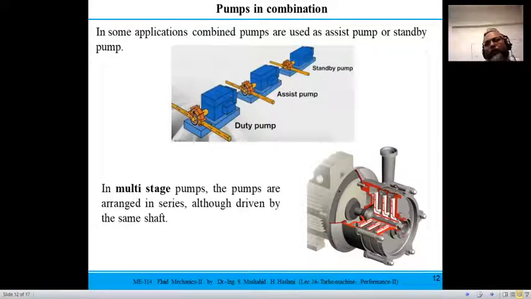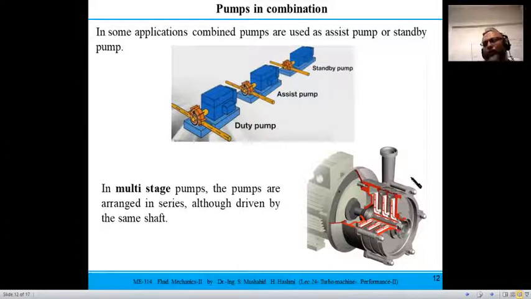Such pumps are called multi-stage pumps. Most of the overhead pumps, you can see, have different stages. In the first stage, you increase the pressure from P1 to P2, then P2 to P3, then P3 to P4, and so on.